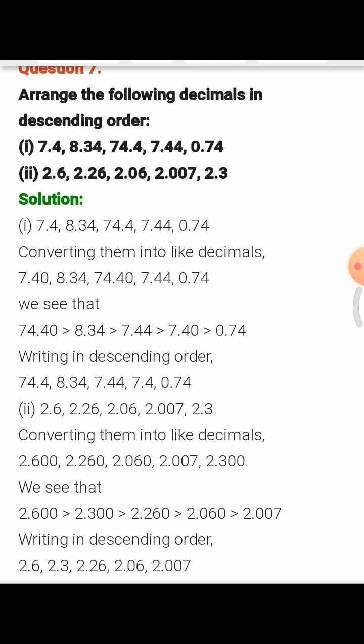So 74.40 is greater than 8.34, is greater than 7.44, is greater than 7.40, is greater than 0.74. Okay. After that you write it into descending order. So 74.4, 8.34, 7.44, 7.4 and 0.74. Okay. All of you understand, beta? So the second question is homework.